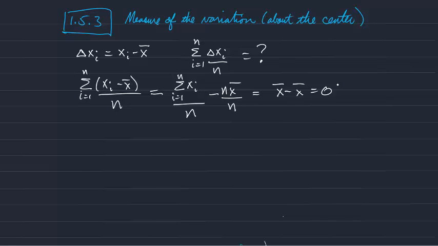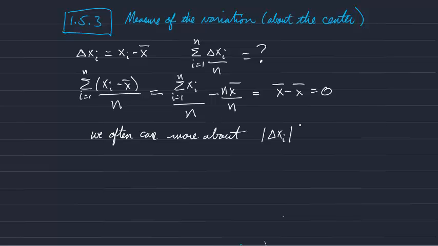average variation. But oftentimes we don't care whether each value is less than or greater than x bar. We really care about its absolute deviation from the center value. So the absolute value of delta xi.